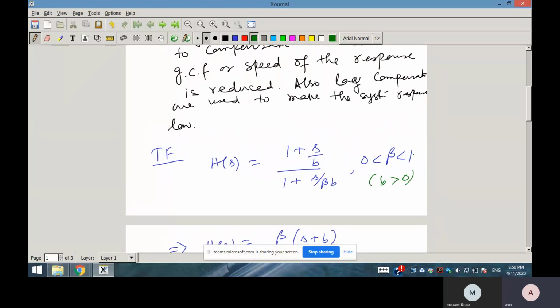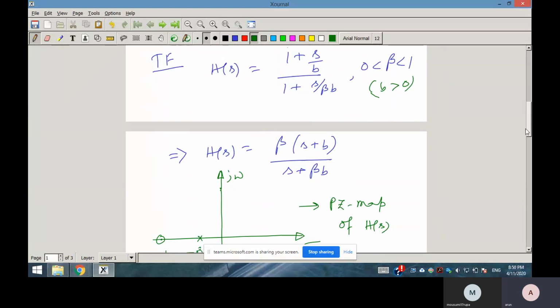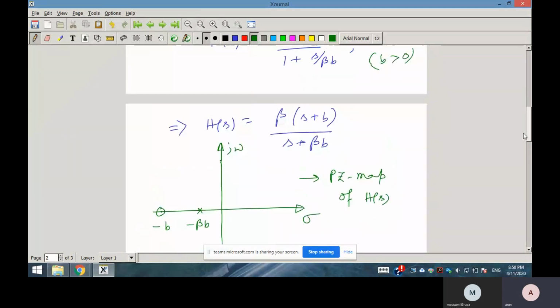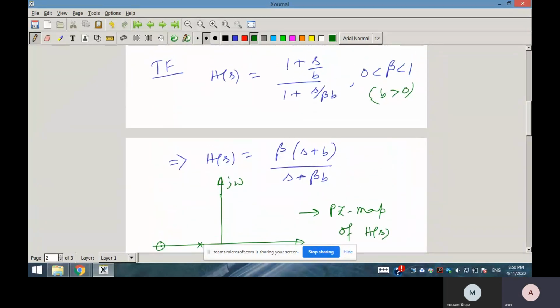And in case of lead control also, I cannot remember whether I have written or not, that a is 0. If you consider b less than 0, then the things will be complicated. For convenience, b less than 0 means it will be an unstable, sorry, non-minimum phase controller. Those things we are not considering; this simple thing we are considering.